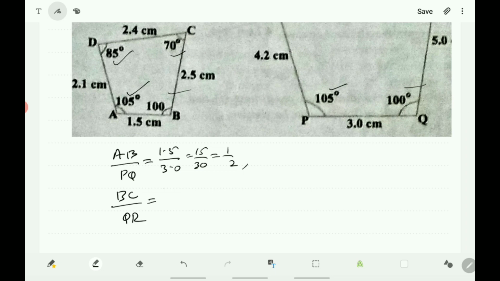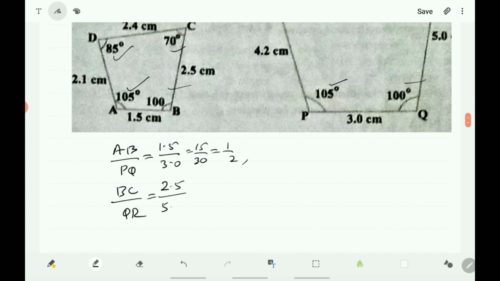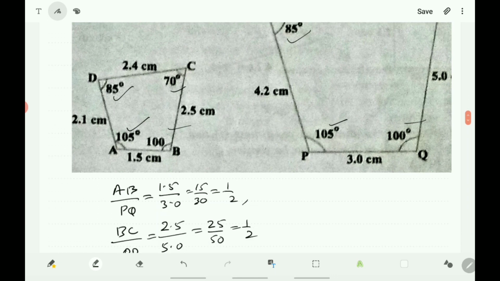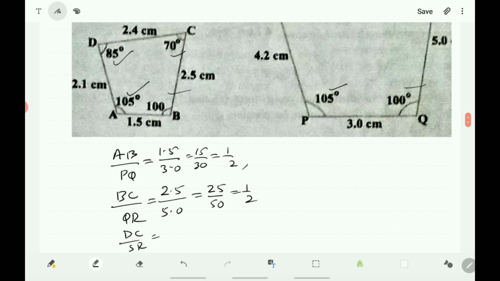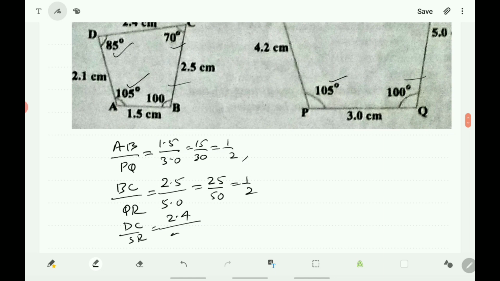BC is here 2.5, QR is 5.0, so it is 25 by 50, so it is 1 by 2. Next, you take DC by SR. DC is here 2.4 and SR is 4.8. So it is again 24 by 48, so it is 1 by 2.